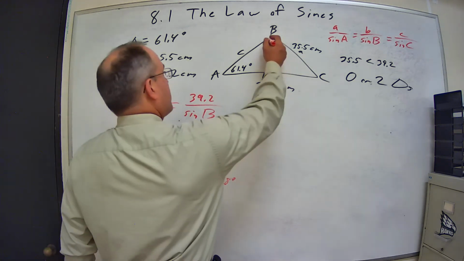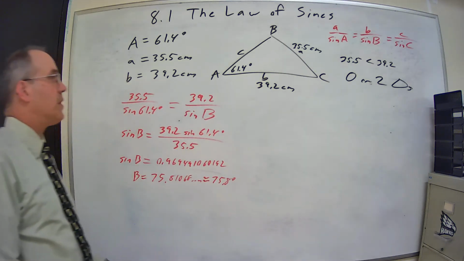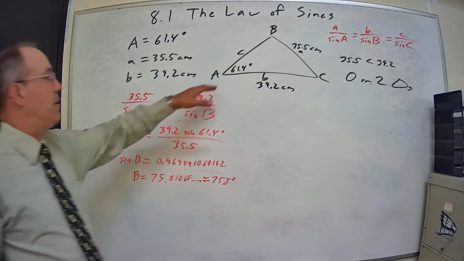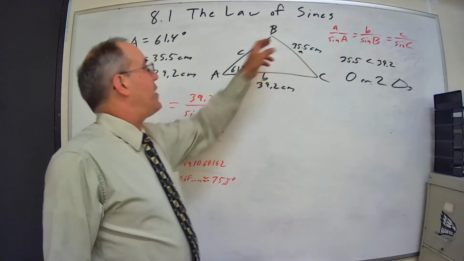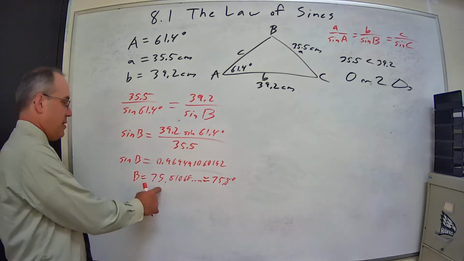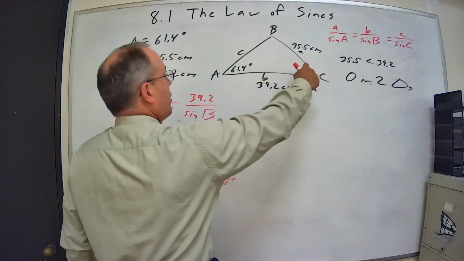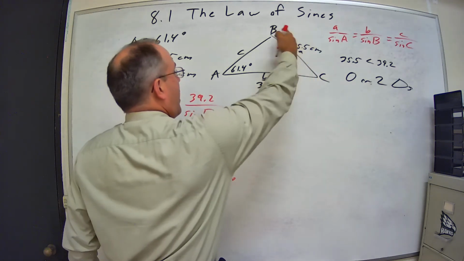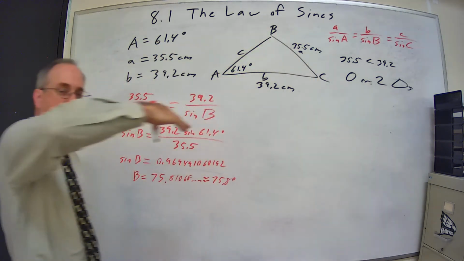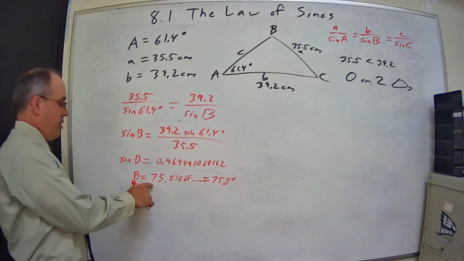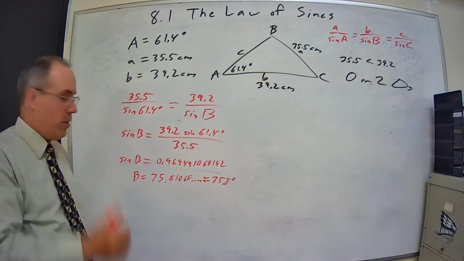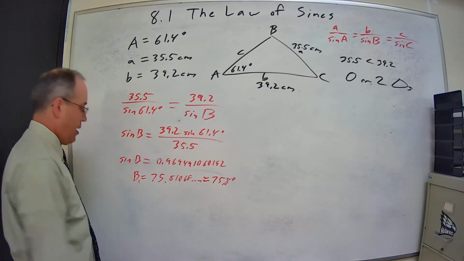So that is this angle here. Now the thing that we have to note is this is less than 90 degrees. Since this is shorter, it could swing wide or it could swing narrower. So this is a reference angle. I'm going to call this B1.